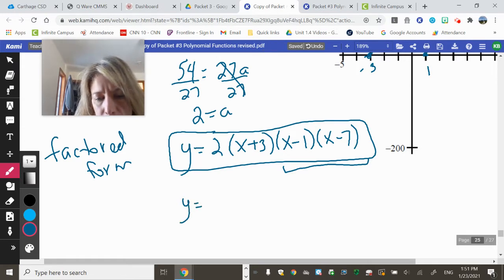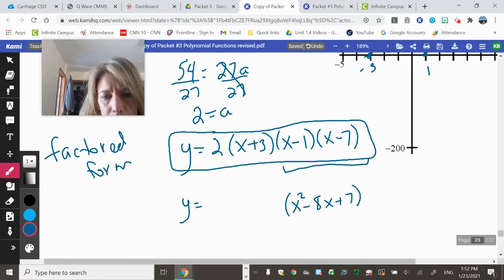First I'm going to multiply these two binomials together, and when I multiply x minus 1 times x minus 7, I get x squared minus 8x plus 7. And I also need to multiply that product times the 2 times x plus 3, so I'm going to distribute to get 2x plus 6.